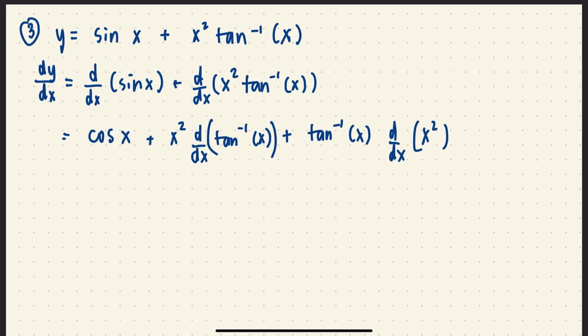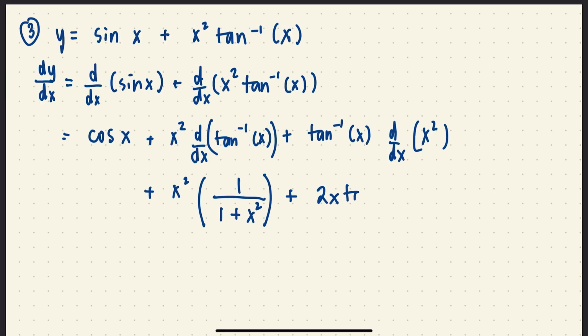Okay? So, we derive the derivative of arctan. So it becomes x squared times 1 over 1 plus u squared. Our u here is x squared. Derivative of x is 1, so you just close it, plus the arctan, then the derivative of x squared is 2x.